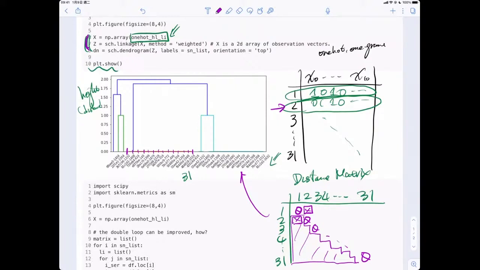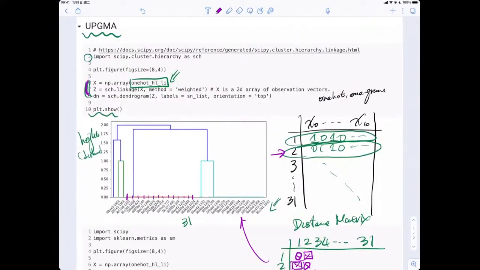And then maybe, because you add some order information in your 2 gram table, you can distinguish these 10 data points, so that enriches your feature. However, because we only use 1 hot 1 gram, the UPGMA figure looks like this.